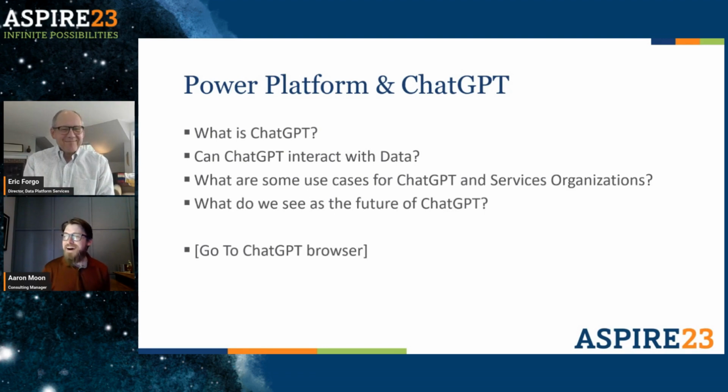Okay, I'll try to keep it simple. ChatGPT is a large language model, and basically there's been a bunch of work done in this space to create something that predicts the next word.